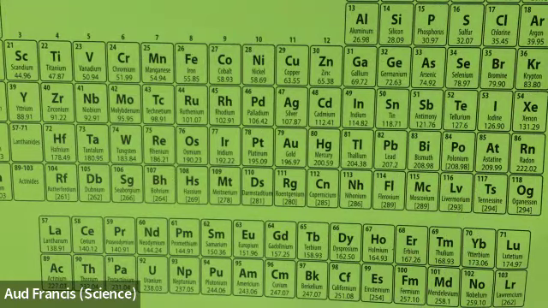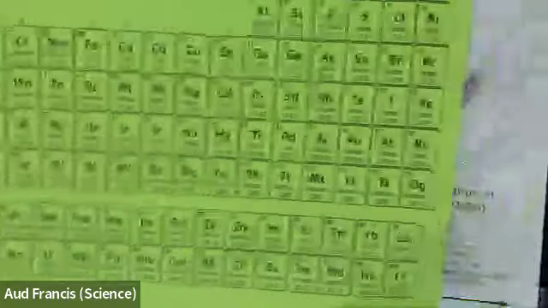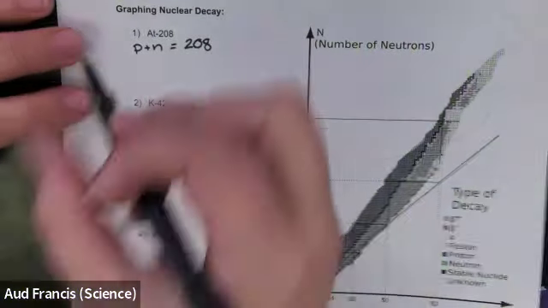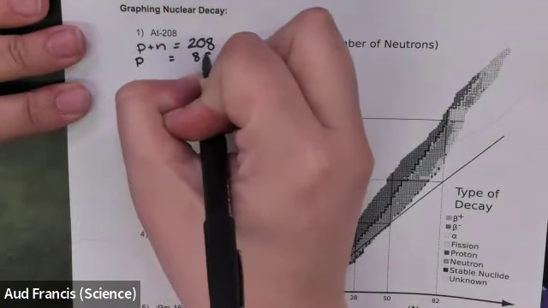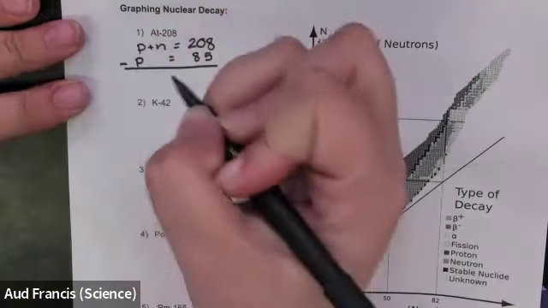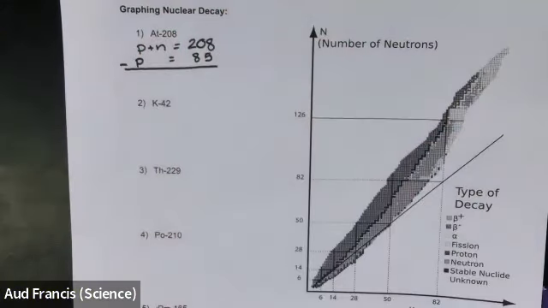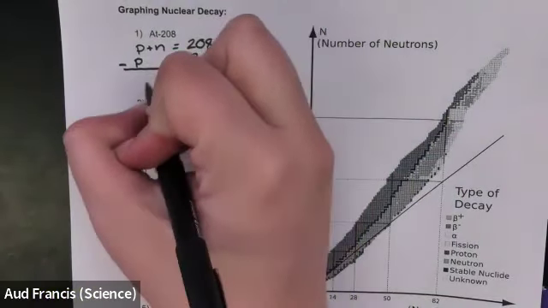Remember, that number 85 tells us the number of protons. So when I go to do my math here, protons equals 85. I can solve for the number of neutrons. Okay. So our neutrons here, it's 123 neutrons.